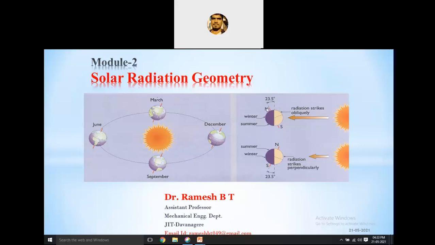The north pole and south pole are exposed to the sun completely for 24 hours in one particular season, and in another season they completely lack sun. This is how the inclination changes.